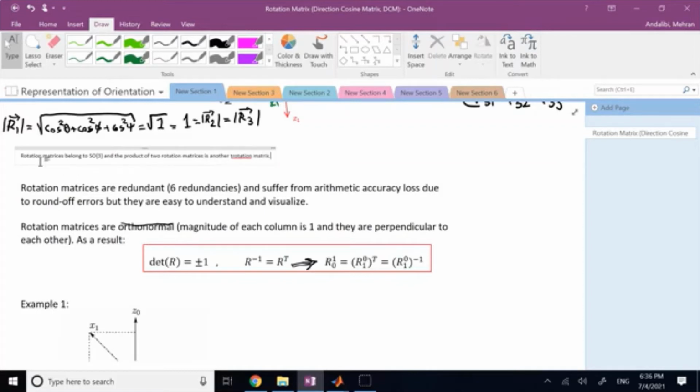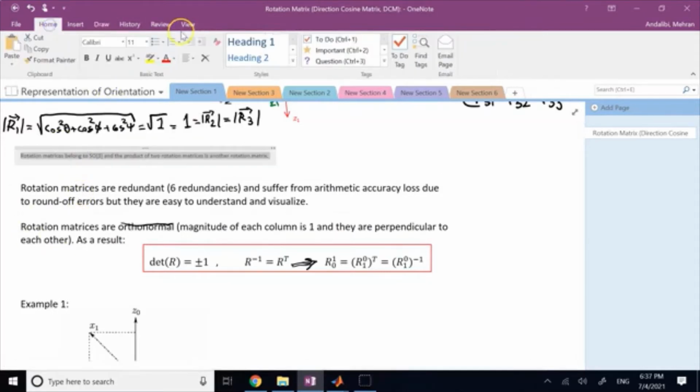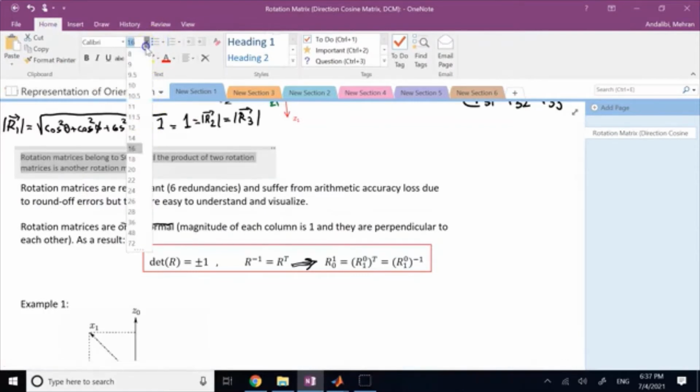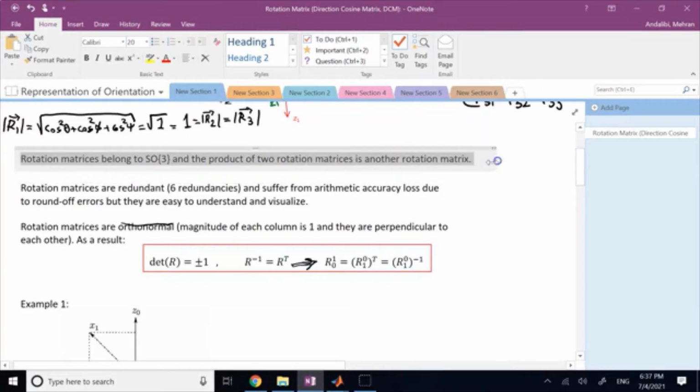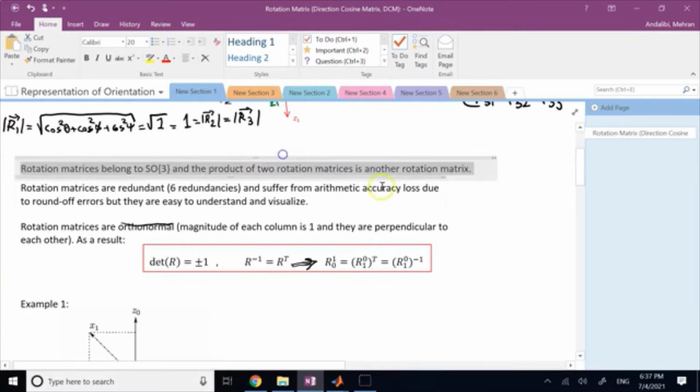This is a very important property which allows us to multiply them together, get an equivalent, and still keep it as a new rotation matrix. Okay, this is very important.